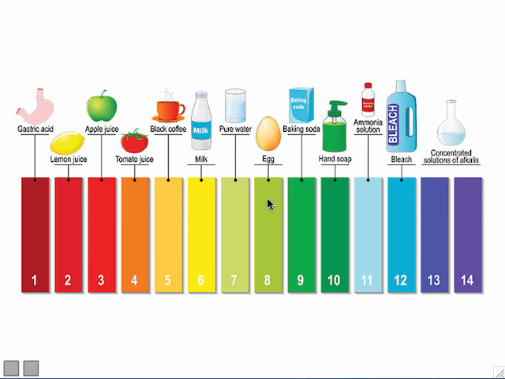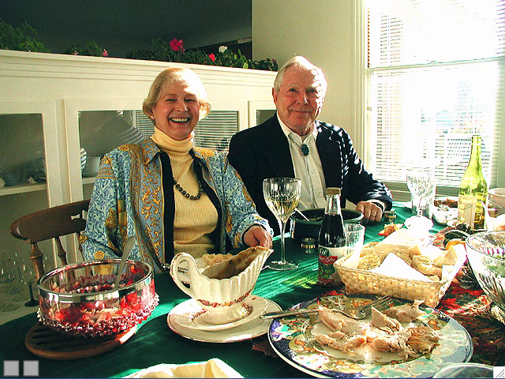Looks like eggs are pH 8, so they're slightly basic, and baking soda, which they use in a lot of baked goods, I guess that's pH 9. Yes, so many of the foods and beverages that we take in are acidic or basic.